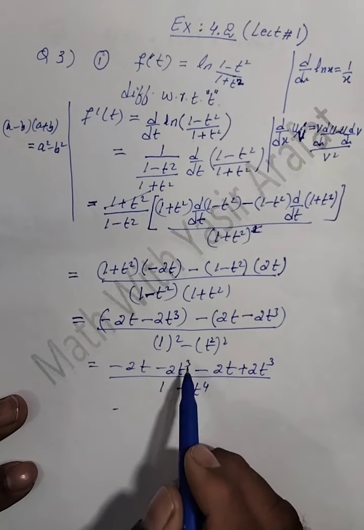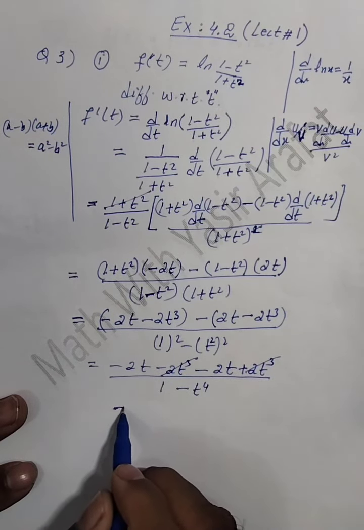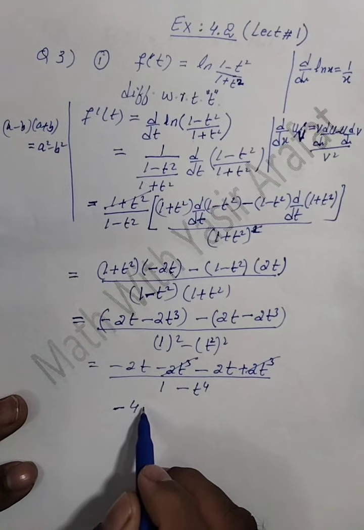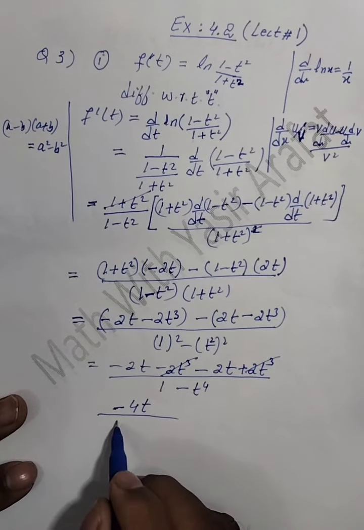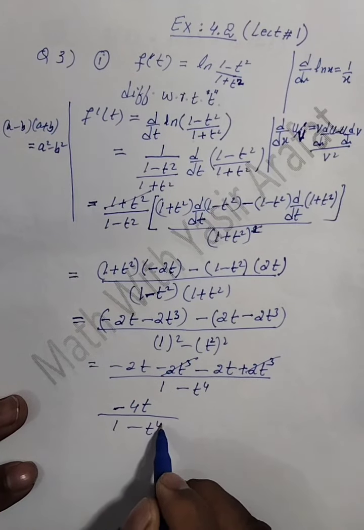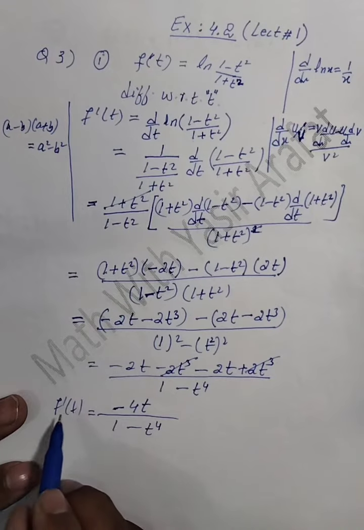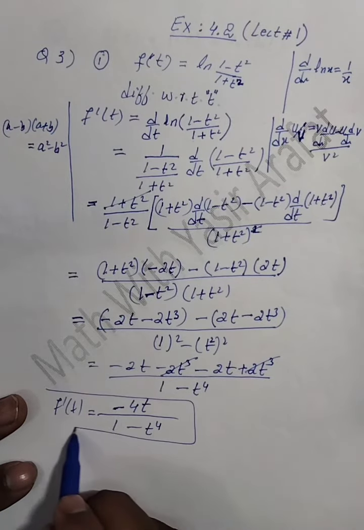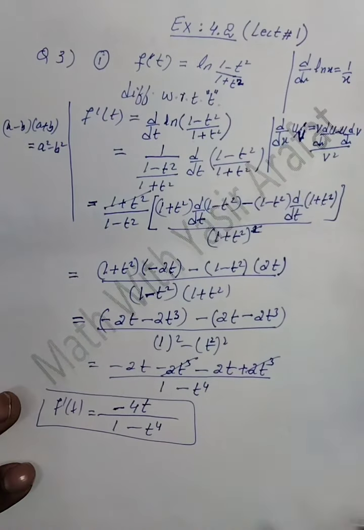Minus 2t cube plus 2t cube cancel out. So minus 2 and minus 2 is minus 4, whole divided by 1 minus t to the power 4. This is the derivative of ln of (1 minus t square) upon (1 plus t square).